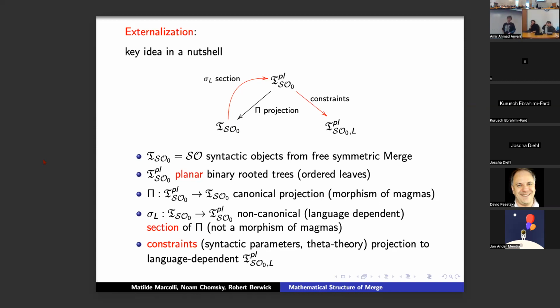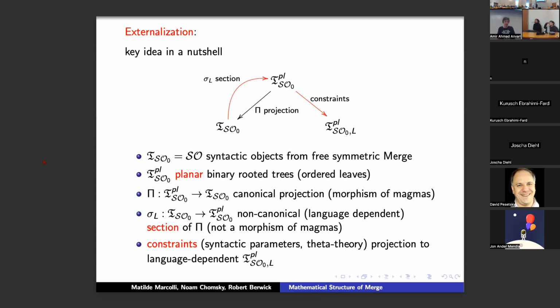The generative process happens in this symmetric world with abstract trees. Then there is an externalization process: language produced in our brains goes through our sensory-motor system, which forces us to impose a time ordering in how we produce a sequence of words.